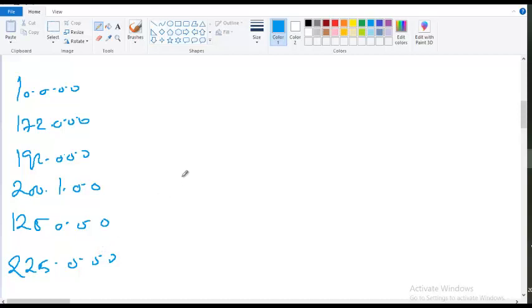What you need to do is write the subnet mask for this, and then what will be the first IP, what will be the last IP, and what will be the broadcast IP.